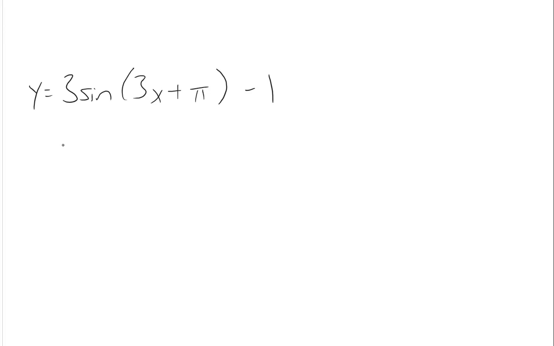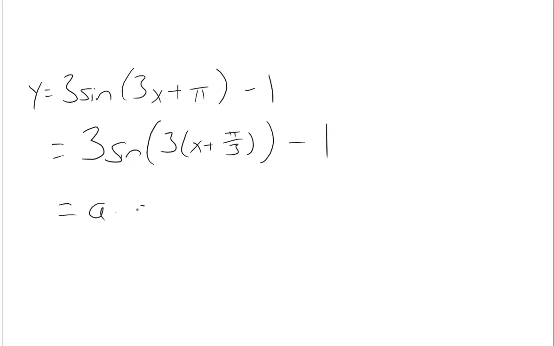Let's get it into our standard form, so let's factor a 3 in the argument of the sine. So 3 sine of 3 times x plus pi over 3 minus 1. So this is our a times sine of b times x minus c plus d.